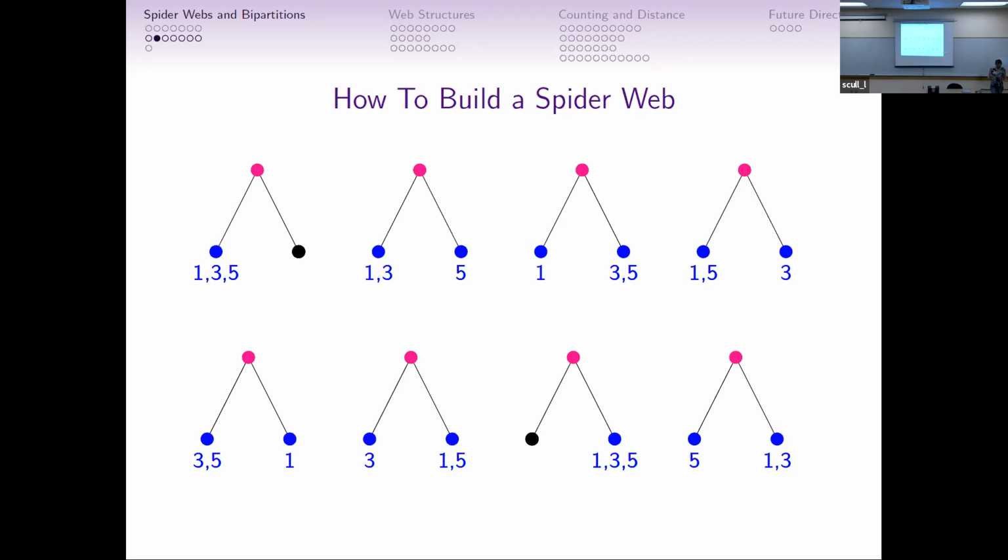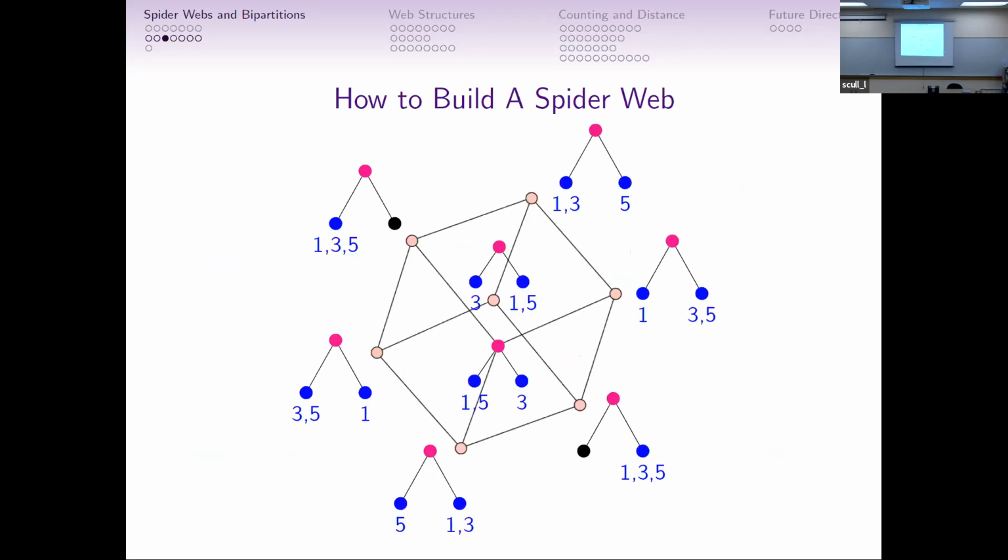Now, in a spider web, each one of these maps will be represented by a single vertex, and there will be an edge between vertices if those 2 maps are a spider move. And so if you wrap all of these around, you are going to get a cube in your spider web.